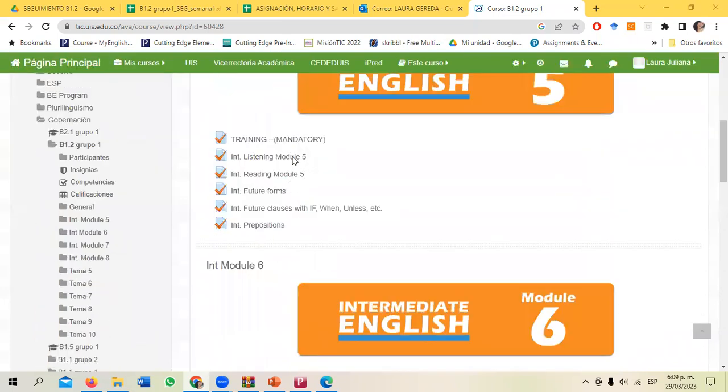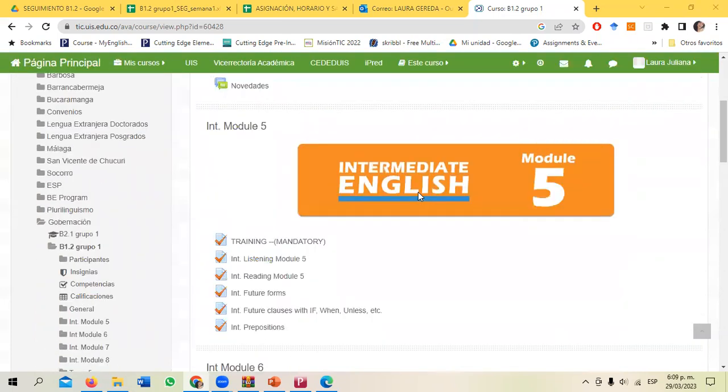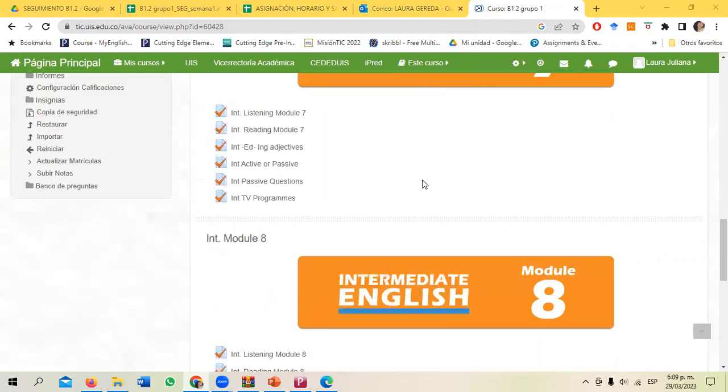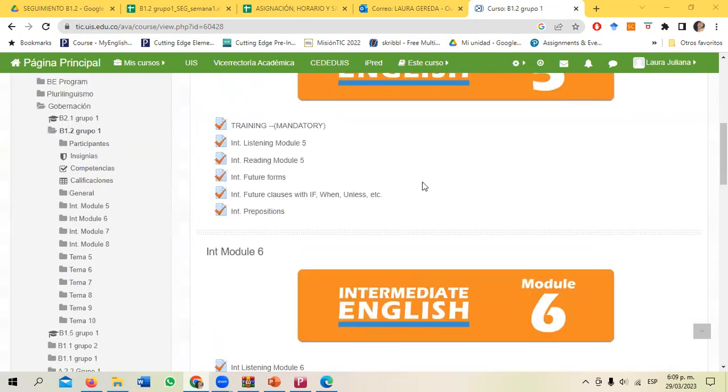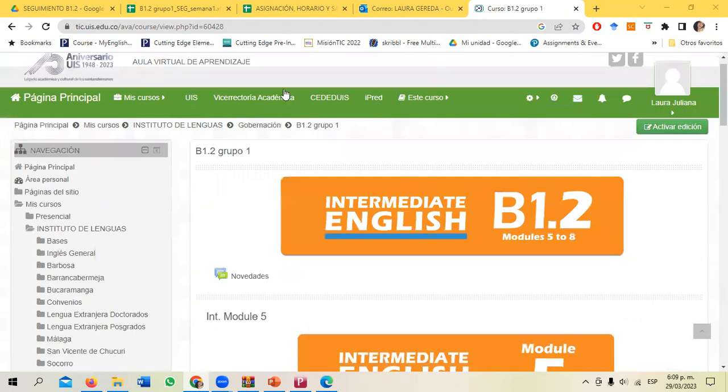You can work little by little on Moodle 5, 6, 7, and 8. Those are the topics we have to cover for this cycle, B1.2. Please do not forget to start working on Moodle.